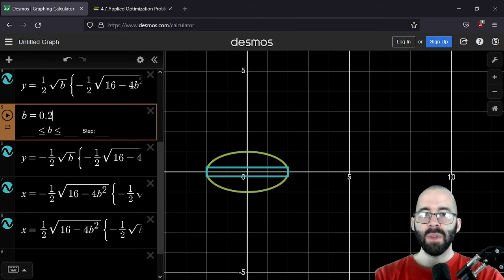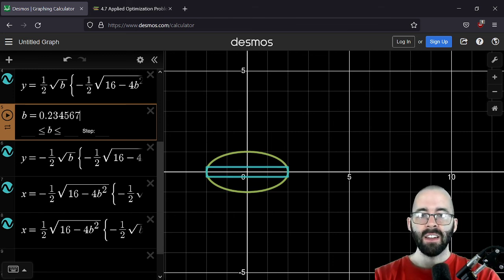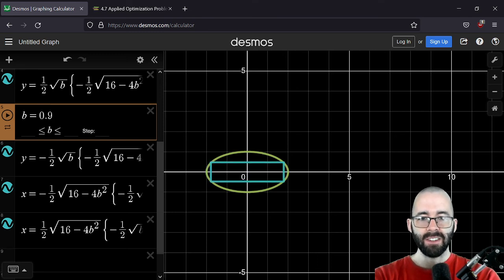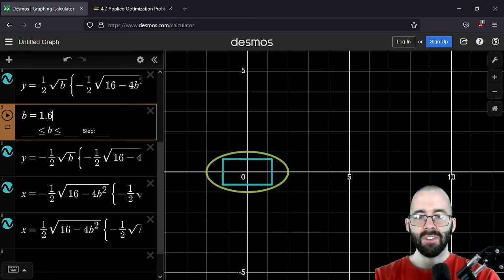But as B is getting bigger, 0.2, 0.3, 0.4, now the A value is getting smaller, like the width of this box is getting smaller. And so we're just trying to find how we maximize that area.